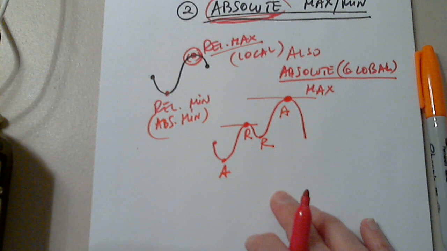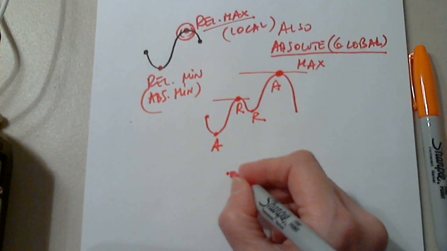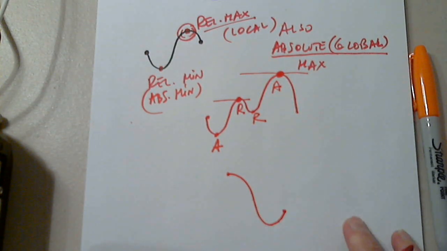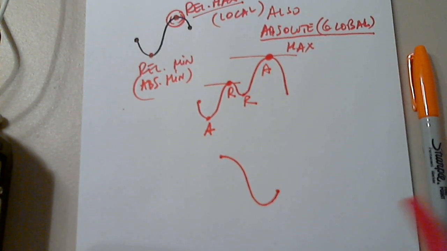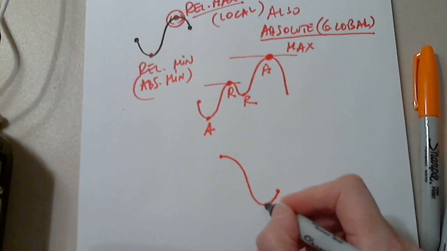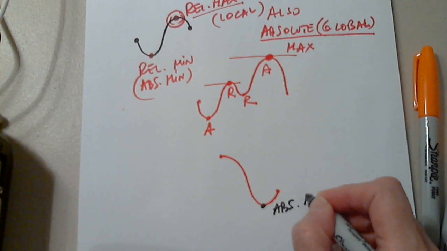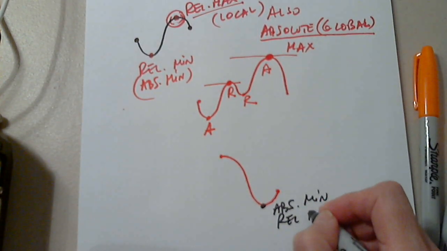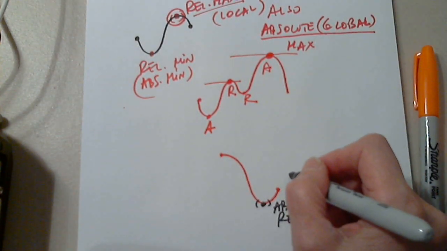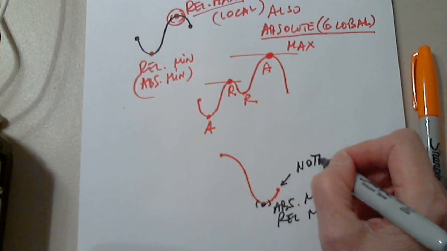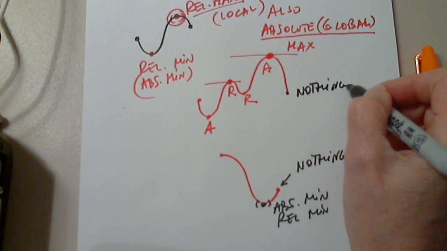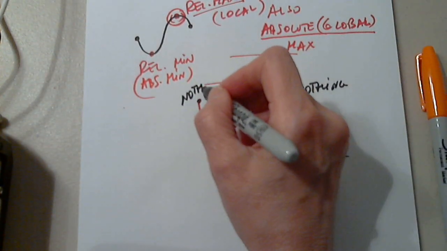Okay, here's another scenario. So here's another graph. We're going to look at examples in the book in a minute. Here, this is indeed the absolute minimum and also the relative minimum because I can show the function exists on both sides. This point here is nothing, and this point here is nothing.